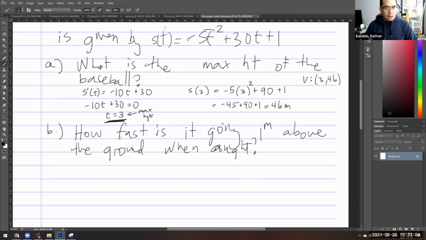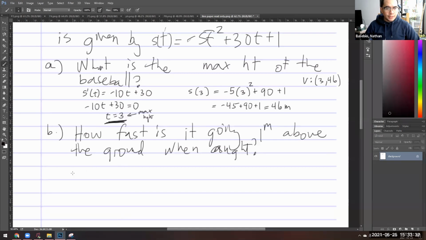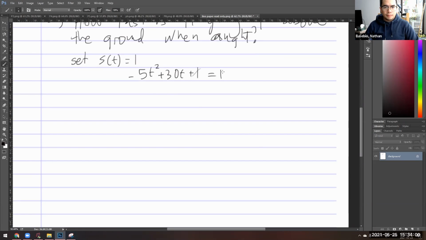B, how fast is it going 1 meter above the ground when it is caught? So I'm trying to find the slope at 1 meter above the ground. So we have to set s of t equal to 1 because that's when it's 1 meter above the ground. Minus 5t squared plus 30t plus 1 equals 1. Subtract out the ones. I get minus 5t squared plus 30t equals 0.